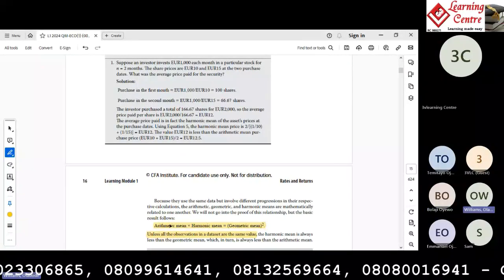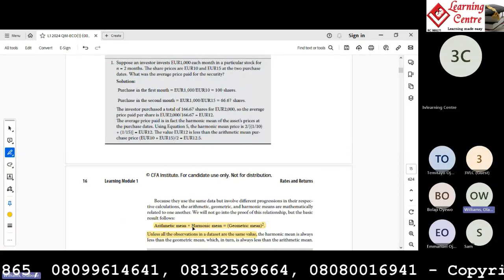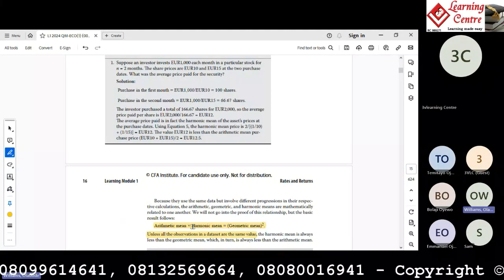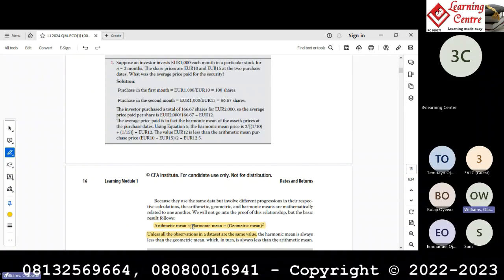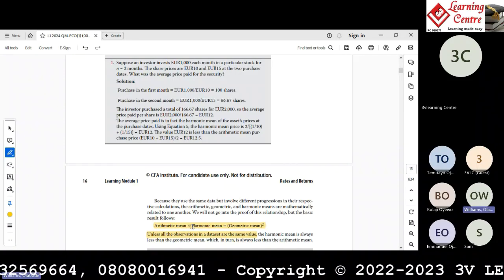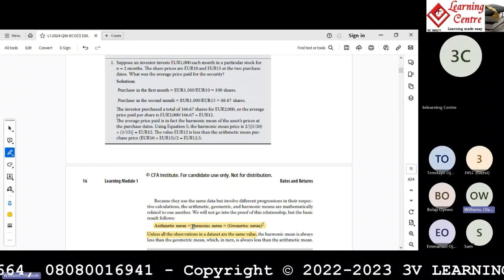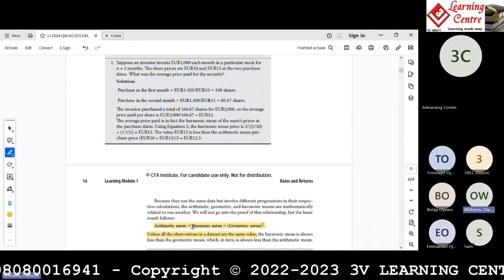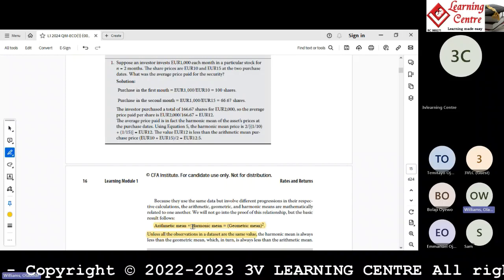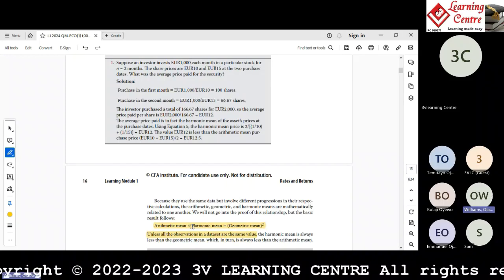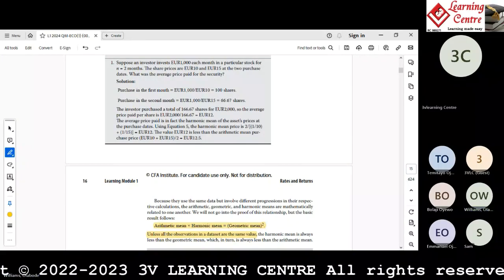Remember this formula: arithmetic mean multiplied by harmonic mean equals geometric mean squared. So let's just plug in the numbers, multiply the harmonic mean by the arithmetic mean, and see if it's going to give us the geometric mean squared. Can we do that quickly?